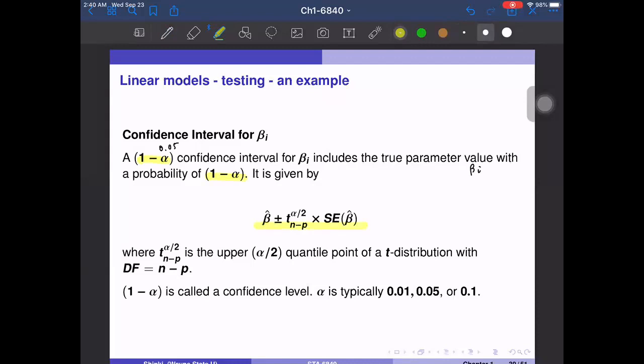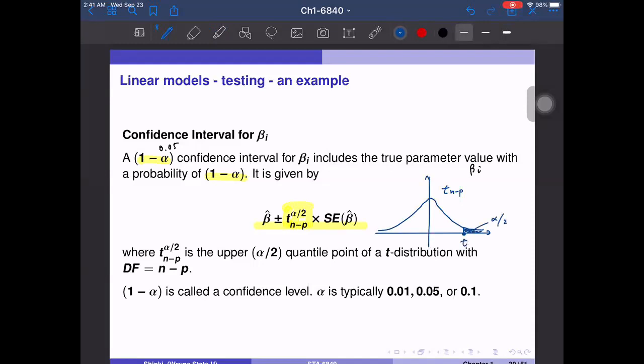It is almost similar to the t-test formula: beta hat plus or minus the t quantile times the standard error of beta hat. Here t superscript alpha over 2, subscript n minus p, means that when we have the t distribution with degrees of freedom n minus p, this point has an area of alpha over 2 beyond it.